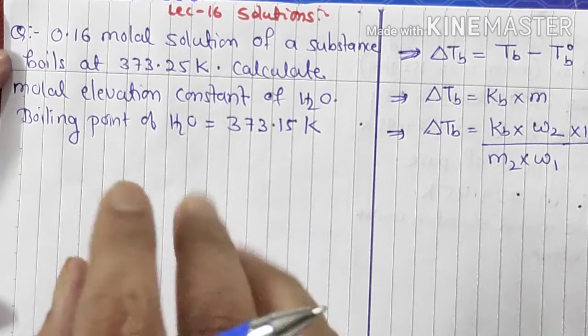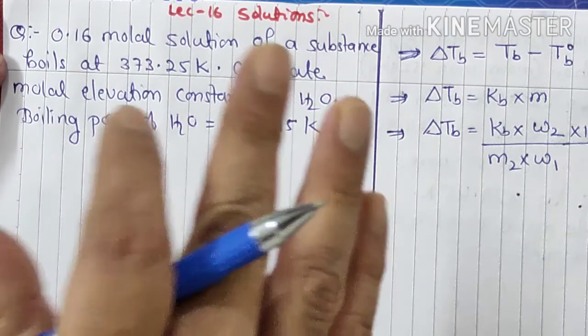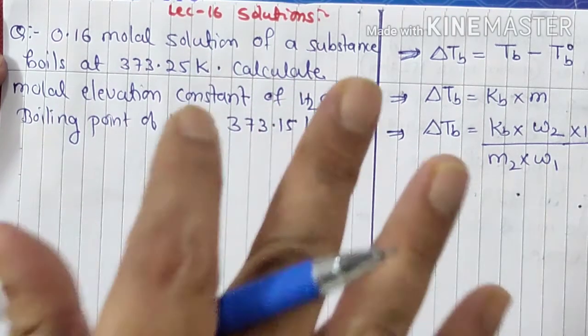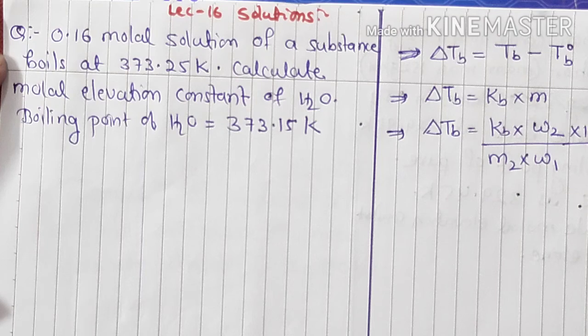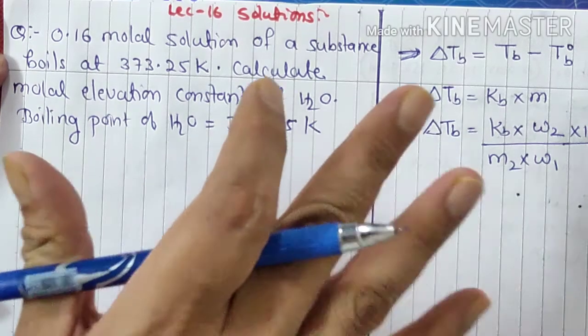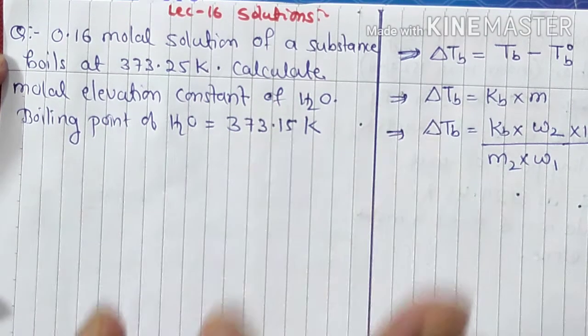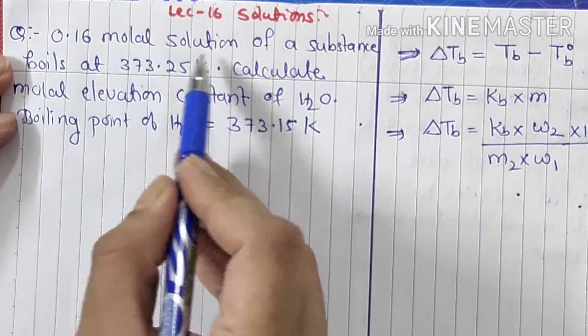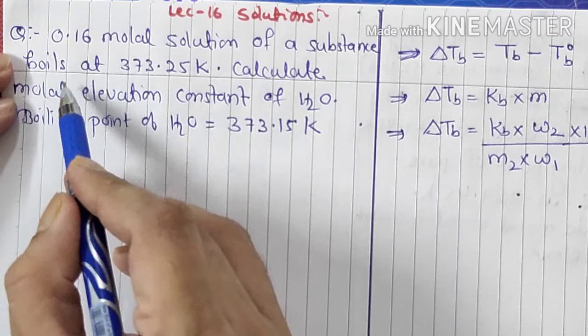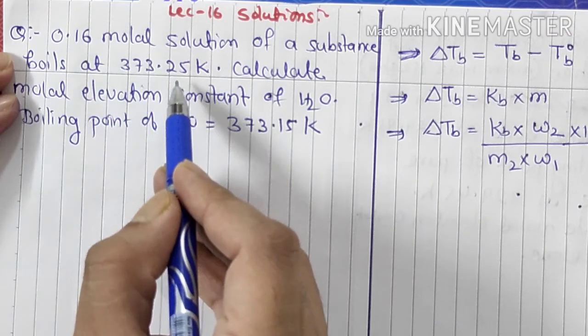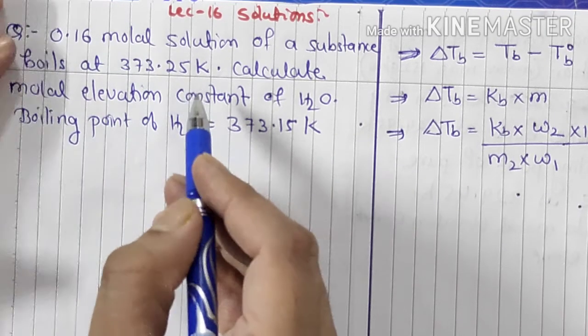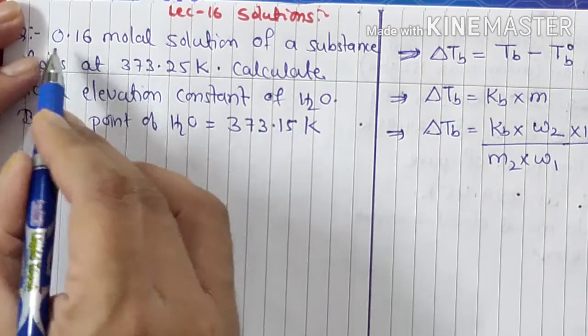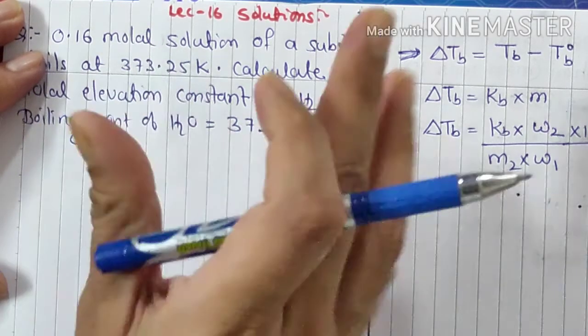Okay, I have written the question today. We'll write the data first, I make you understand the question and then we'll solve the question also, right? Let's start. Question is: 0.16 molal solution of a substance boils at 373.25 Kelvin. A solution is made.